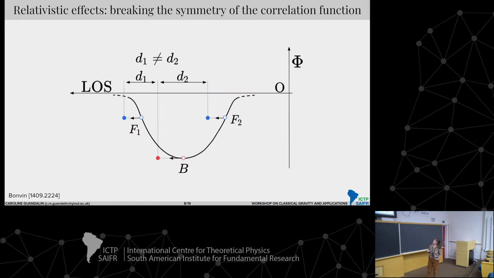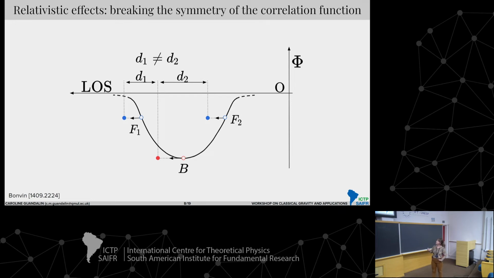And I like to show this picture because I think it is very intuitive to summarize the kind of effect that I was looking for in this work. Now if you think about this as a gravitational potential, and you have a bright galaxy here at the bottom of the potential, in order for us, the observer, to observe these galaxies, they have to emit photons, and these photons have to climb out of the gravitational potential.